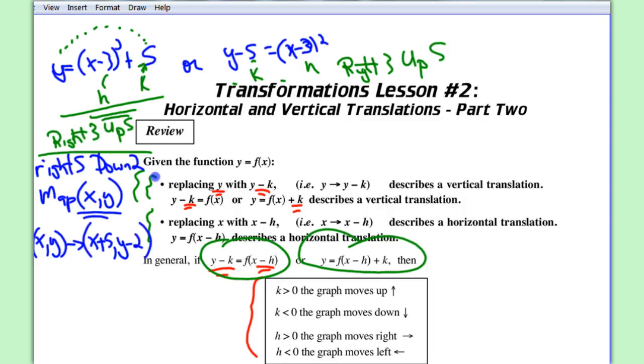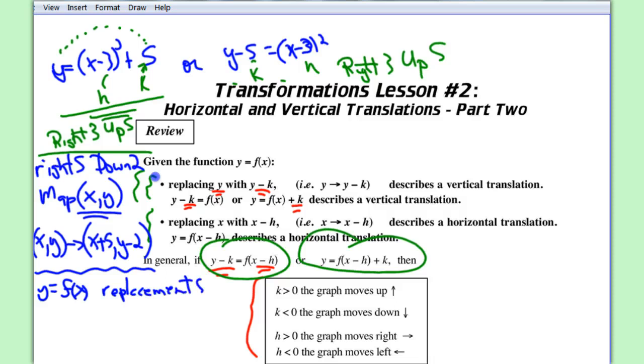You're mapping a point. But what if somebody says what we really want is to talk about y equals f of x? Being that we're talking about that, what would be the replacements in y equals f of x for us to do this same thing?